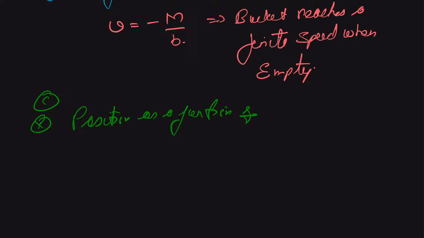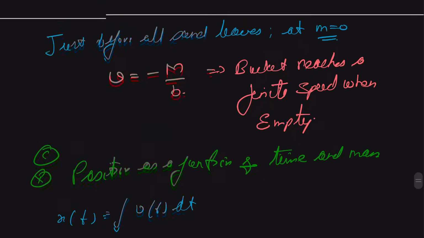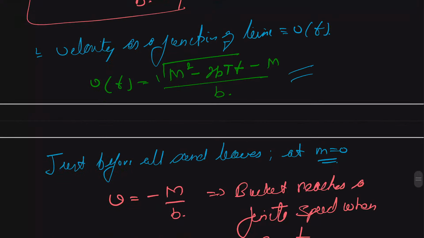We know that our distance x is equal to the integration of the velocity. That is our simple solution. And we know v of t, we already calculated, so we substitute it here.